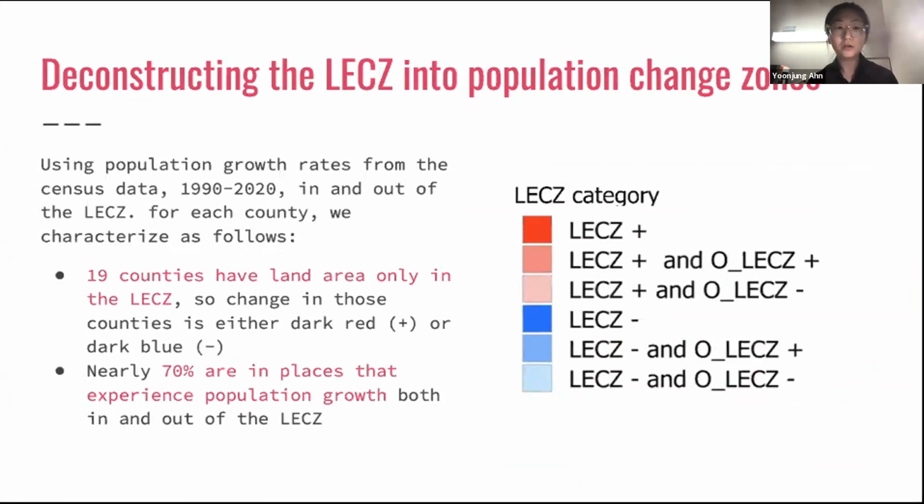And the blue color represents the opposite. And we found that 19 counties have land area only in LECZ, so the darkest red color and the darkest blue color represent areas that only have population inside of LECZ. And we found that 70% of places, like counties, experience population growth both in and outside of LECZ.